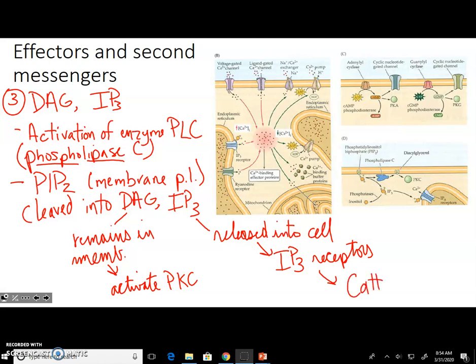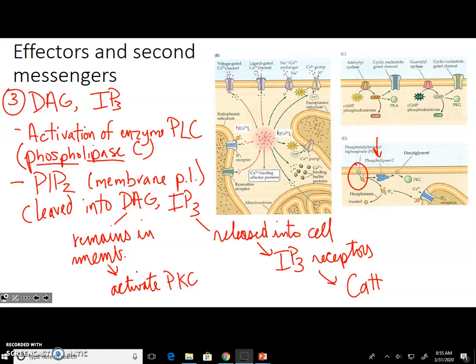And we've talked a lot about calcium already. Okay, and so you can see on the figure here, here's the PIP2 that's in the membrane, made up of sort of two parts, the diacylglycerol and the IP3. And nothing's going to happen with it until this enzyme, PLC, phospholipase C, can activate it. Once it does, there are two products.